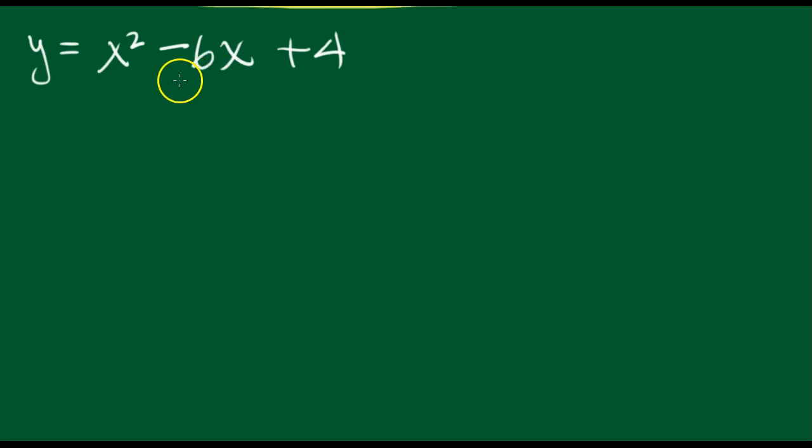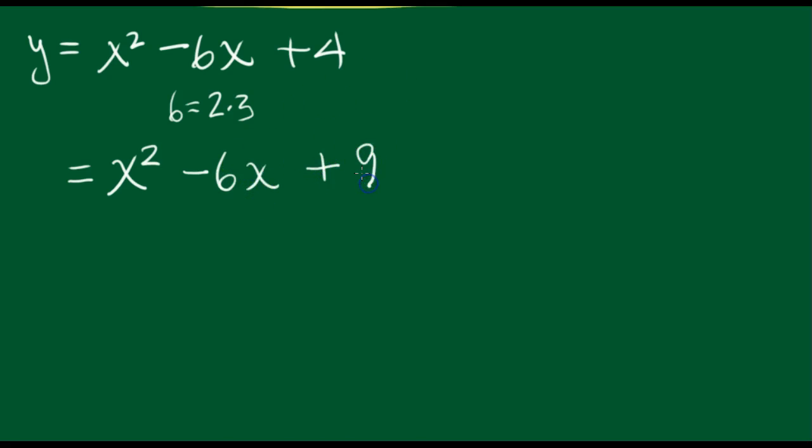Okay, y is equal to x squared minus 6x plus 4. Now what I need with this minus 6x, since 6 is equal to 2 times 3, is y equal to x squared minus 6x, and since 3 squared is 9, plus 9.